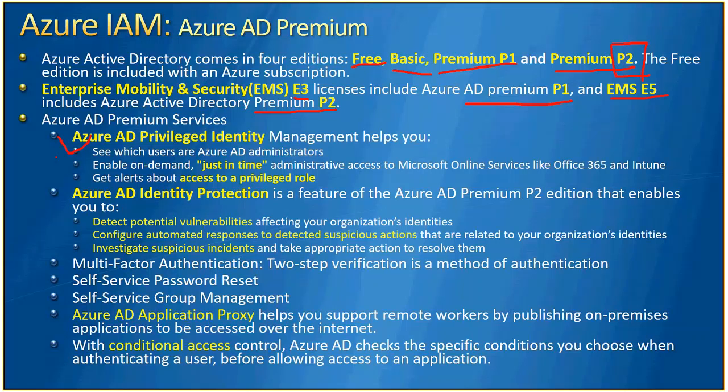So for increased security, the trend in the industry is that we are minimizing the use of privileged identities, but at the same time we want to give out privileged identity so that our day-to-day admin tasks don't suffer. As part of that, you are given just-in-time privileged identity.